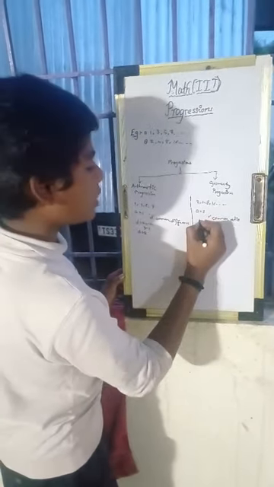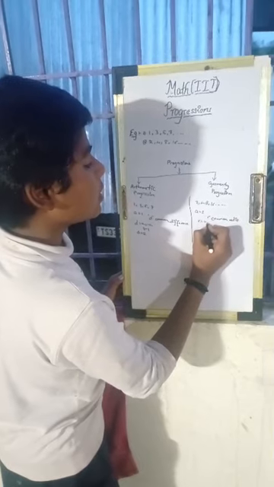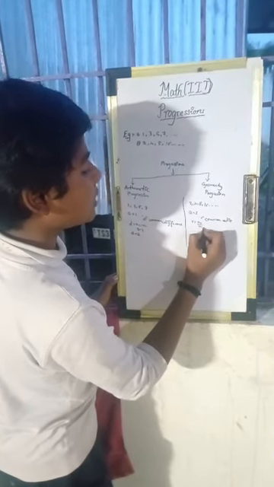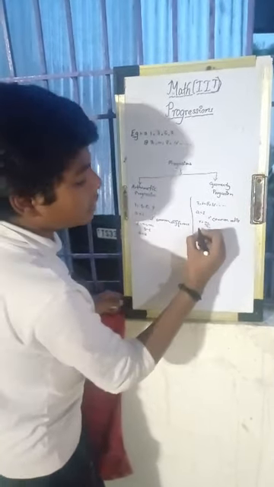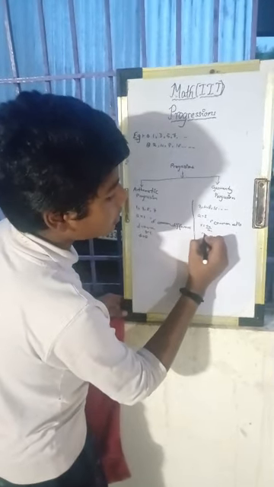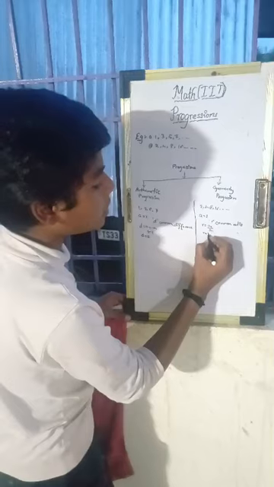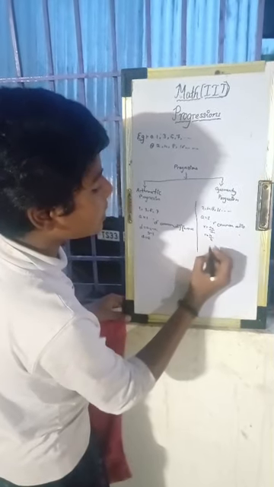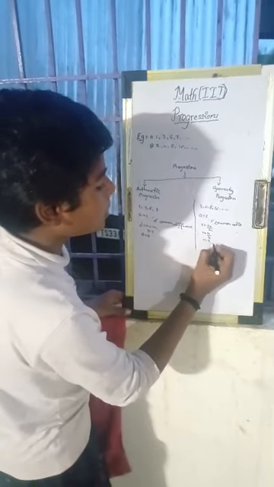Here the common ratio is equal to A2 by A1. A2 is 4 and A1 is 2. So the common ratio is equal to 2.